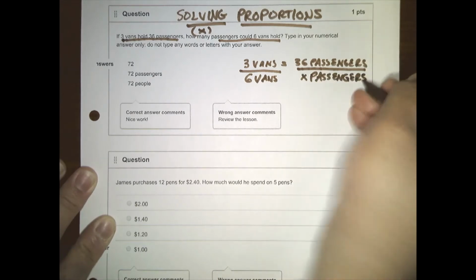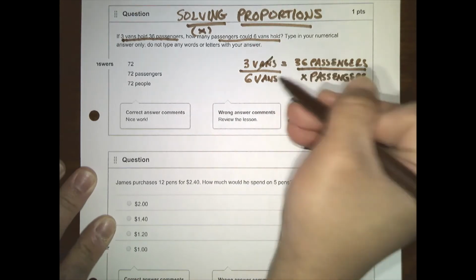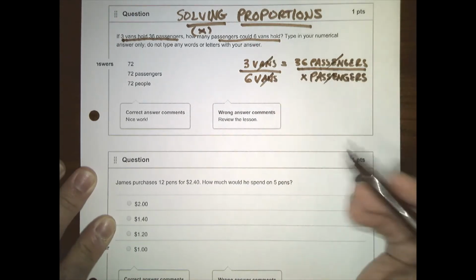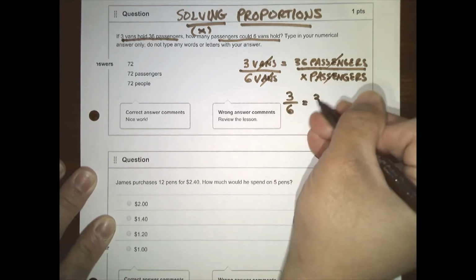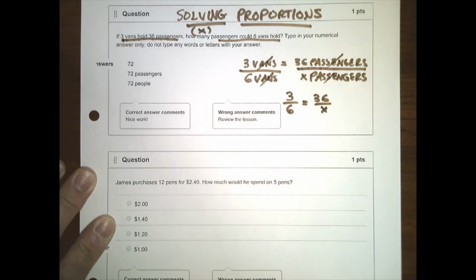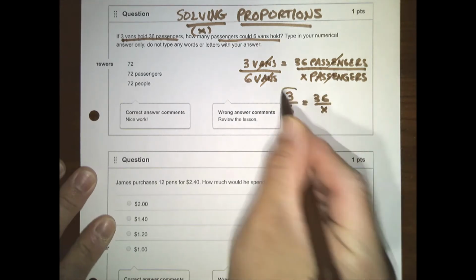Now, if I think about this without the units, like vans divides out vans, passengers divide out passengers, then I have 3 over 6 equals 36 over x, and then I can solve this just like the proportions that we've talked about before. So I just need to cross multiply.